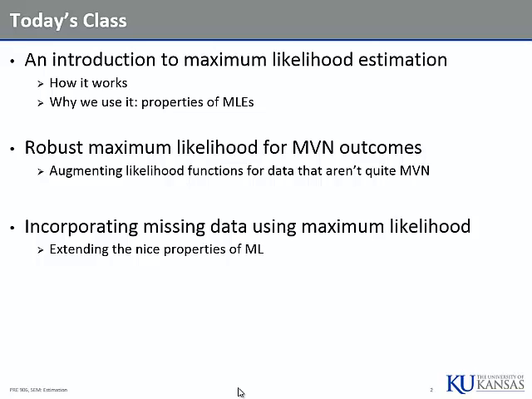What we're going to talk about is estimation when we're robust to distributions that aren't quite what we're assuming, right? And our assumption is multivariate normal for right now. So everything's multivariate normal. So things that aren't quite multivariate normal, like perhaps your Likert data. Likert data, it's your ratings on a scale, right?